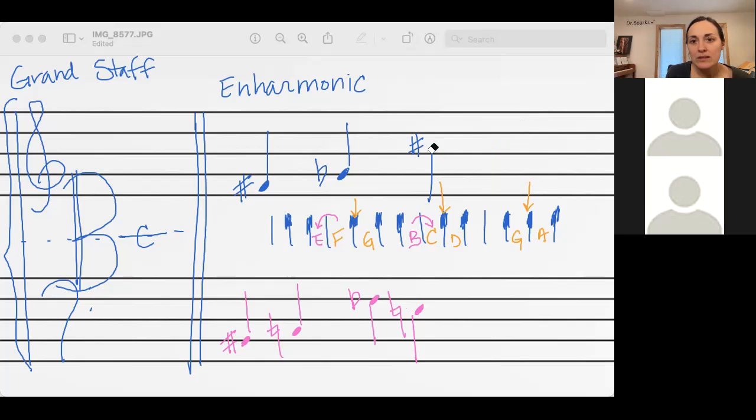So let's put this in the treble clef for a minute, just because it's a little more familiar to us. Let's just say we had F major. Okay, so we've got F, G, A, B flat, C, D, E natural, and F.